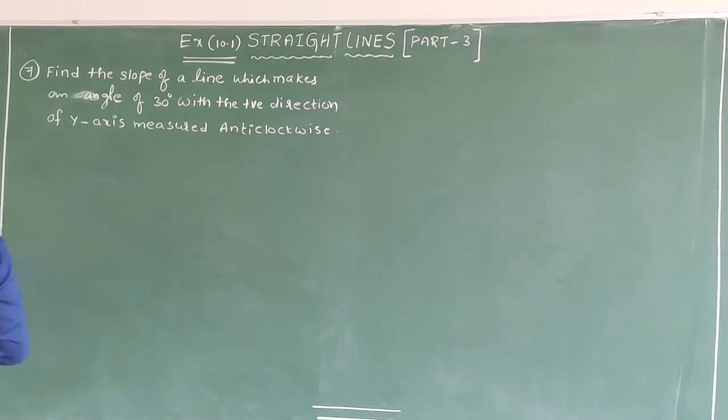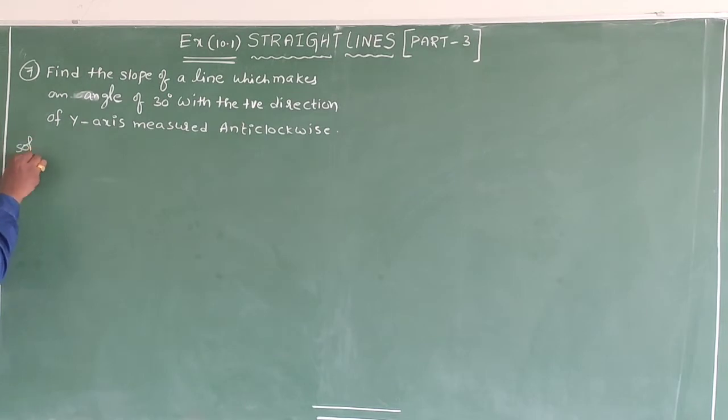That's it. So in this we need to find the slope of a line. It makes an angle 30 degrees with the positive direction of y axis in anti-clockwise direction.